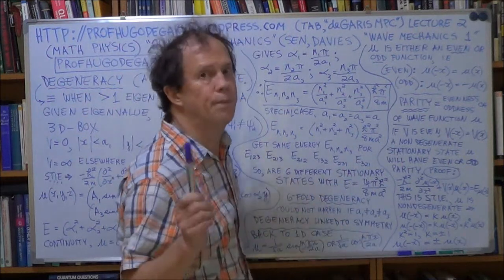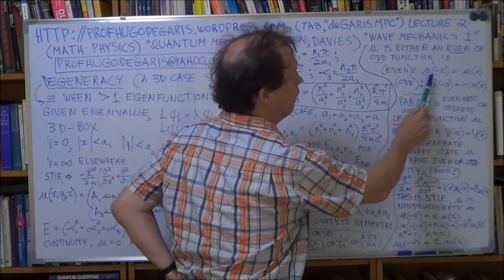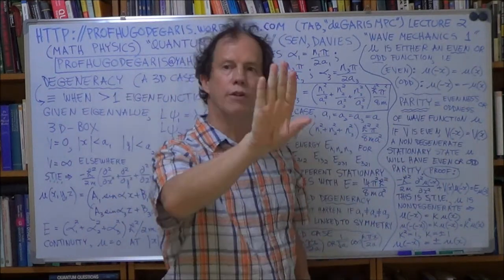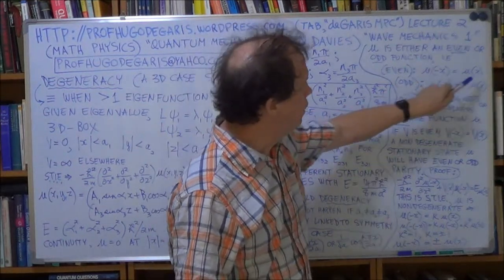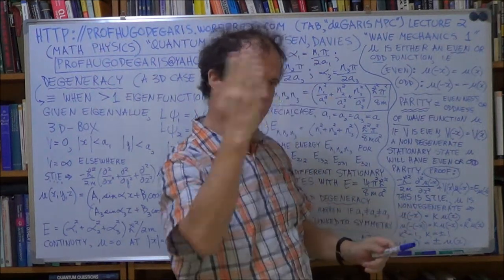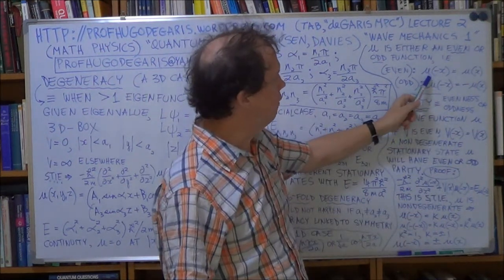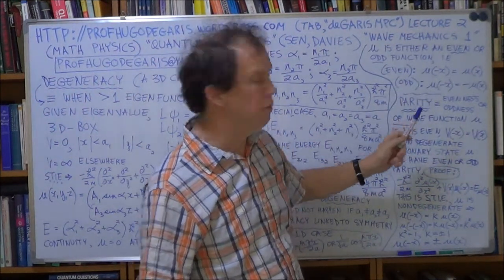A function is said to be even if it takes on the same value when you mirror flip it, like when you reflect it. So if u of minus x is the same as u of x, so like the mirror image kind of thing, if that's the case, that function, that u, is said to be, by definition, even. Okay?